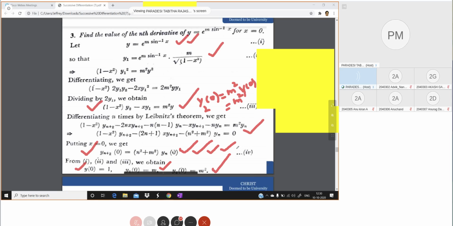So this is a kind of recurrence formula. Since we already know y2 of 0 is m square, y3 of 0 will be, in place of n, put a 1, and then it's a 1 plus m square, and y1 of 0 is m, so you will get a 1 plus m square into m. Do you get that? Yeah, almost like a pattern recognition.